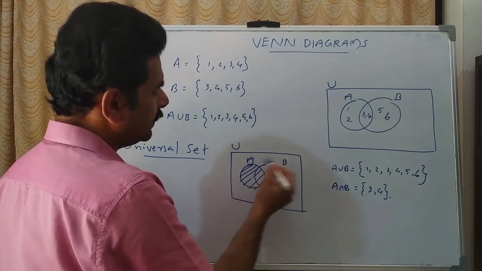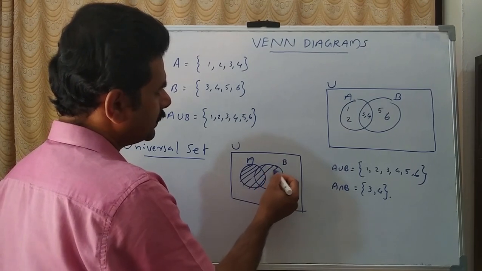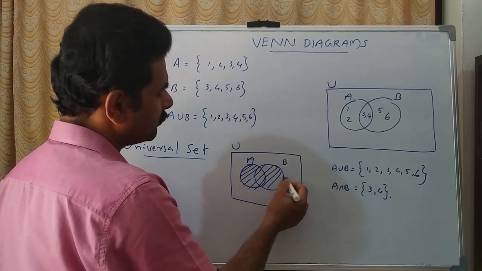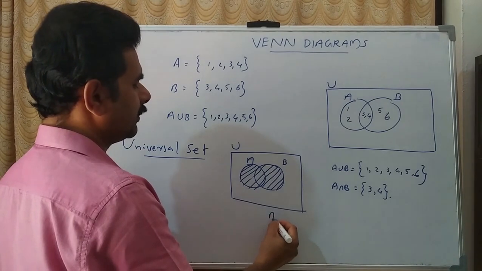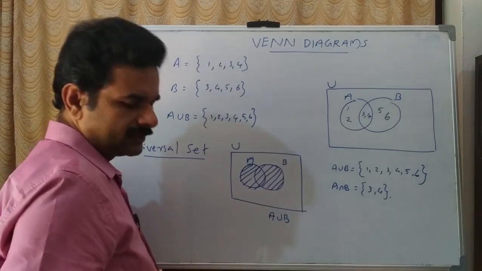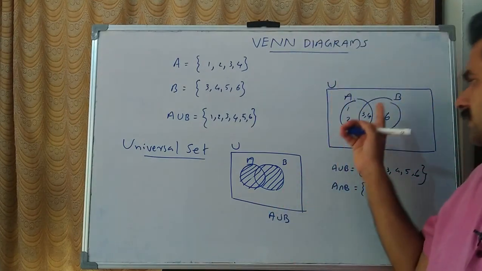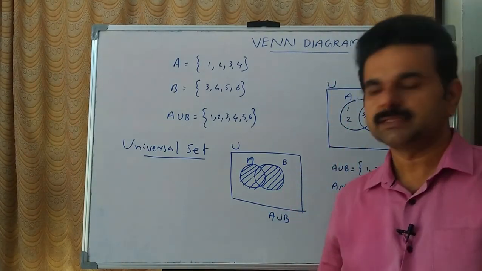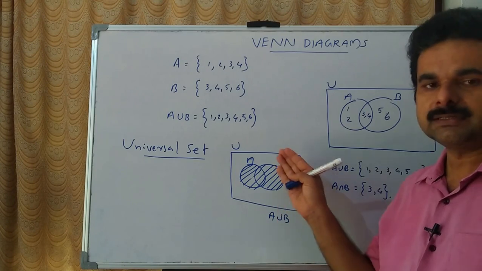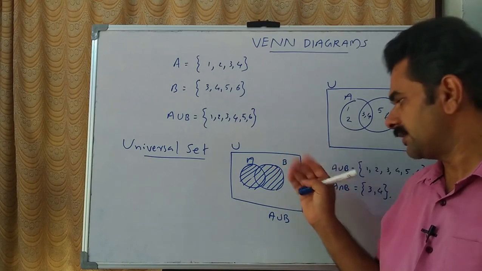A is shaded. Then similarly B is also shaded. This is A union B. Clear? So A union B can be marked by using a Venn diagram like this. This is a method proposed by the mathematician John Venn.